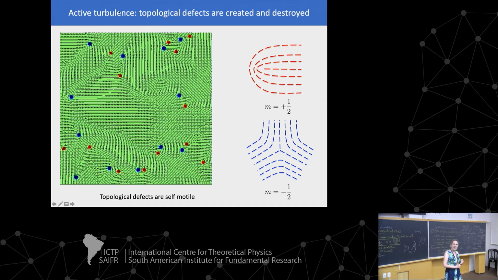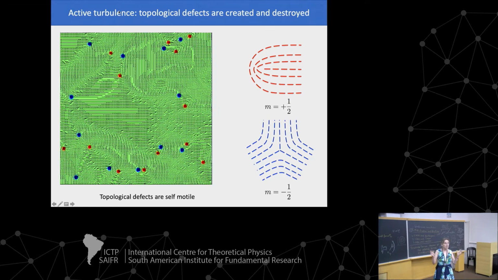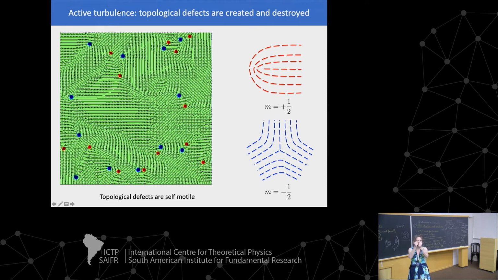So why is that okay? Well, it's okay because these are active systems. They're taking energy from their surroundings, and that gives them the energy to make these topological defects. Why don't the defects just appear and then immediately annihilate each other? Normally, a little fluctuation will give you a pair of defects in an ordinary liquid crystal, but then they just annihilate straight away.